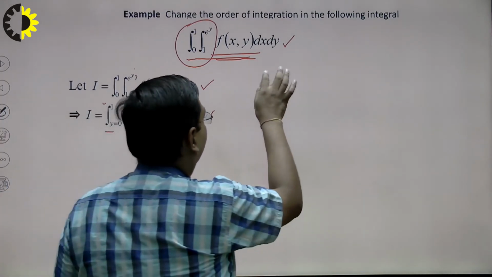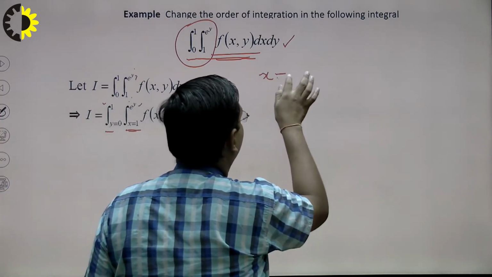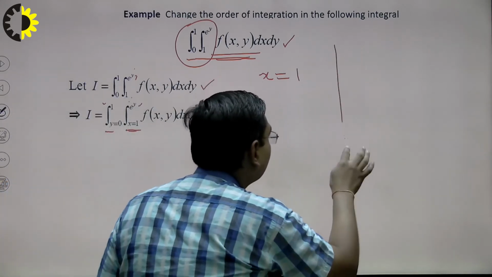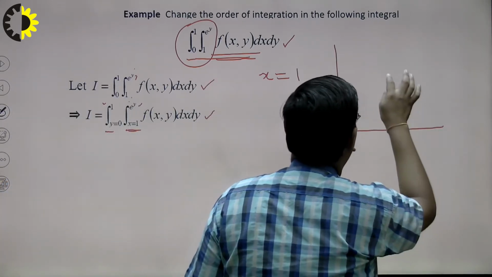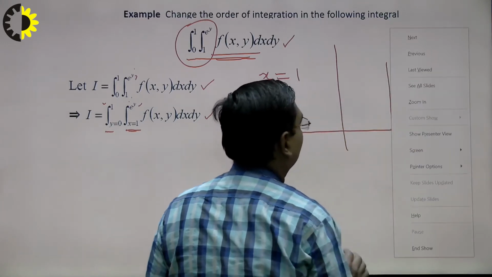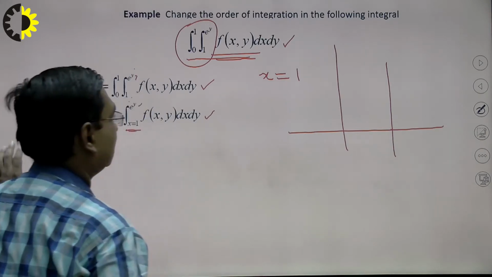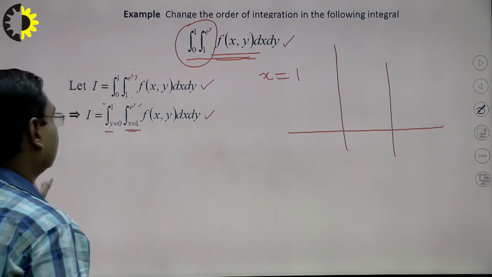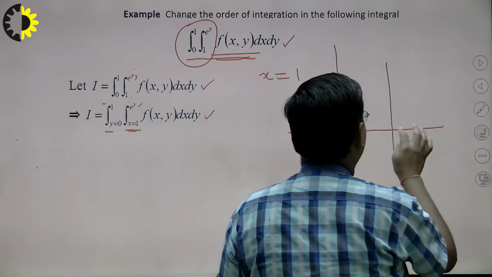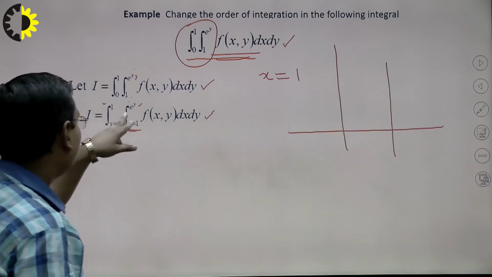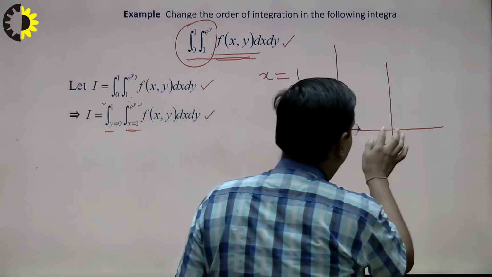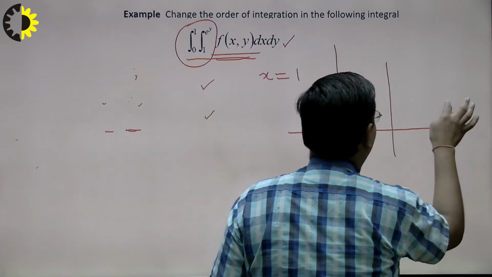First of all, I consider x equal to 1. We all know that x equal to 1 is a line parallel to the y axis passing through the point (1, 0). This is x equal to 1. Now, x equal to e raised to the power y is a curve looking like this.